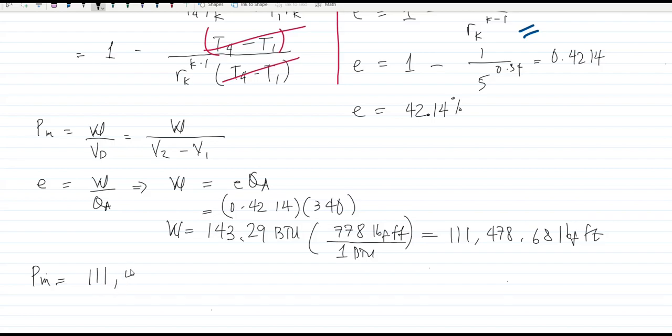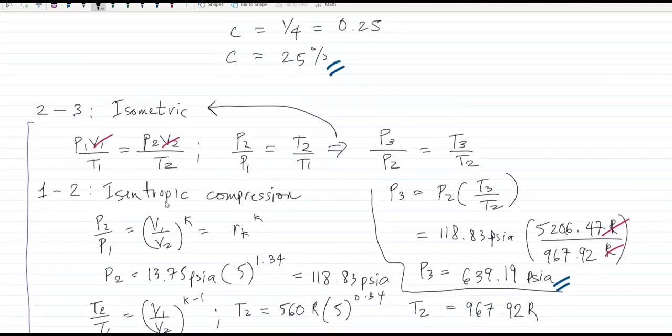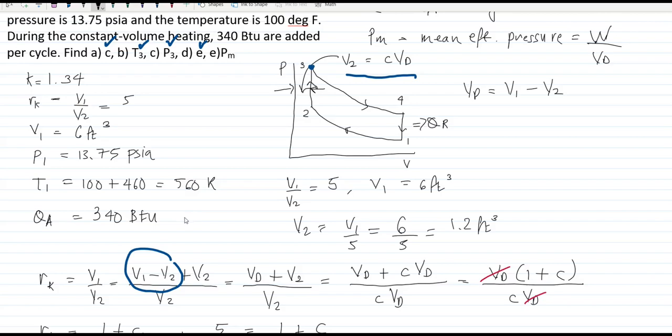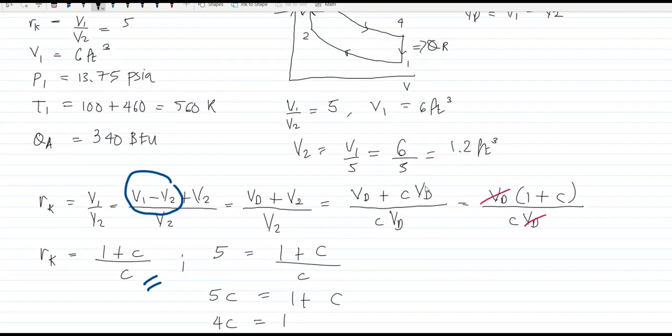So we go back again with the computation of P sub M. So we have 111,478.68 pound-force feet all over your V2 minus V1. So let us just recall what is our V sub 2. We have solved that 1.2 and our V sub 1 is 6. Okay? So of course, this will be the clearance volume.